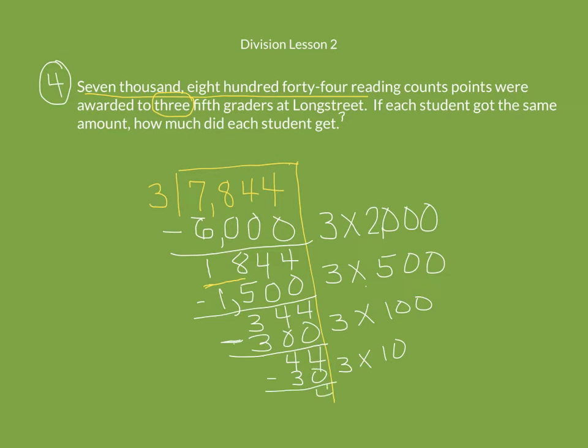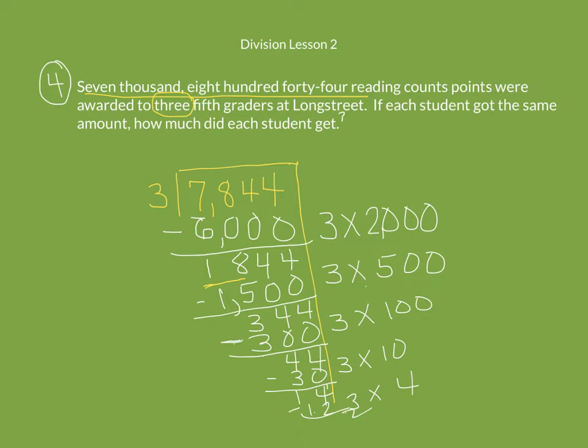And that would give us 14 points to still split in between the 3. If I think of multiples of 3, 3, 6, 9, 12. And I know that 3 times 4 is 12. So I split out 12 more, and that gives me 2 points as a remainder.